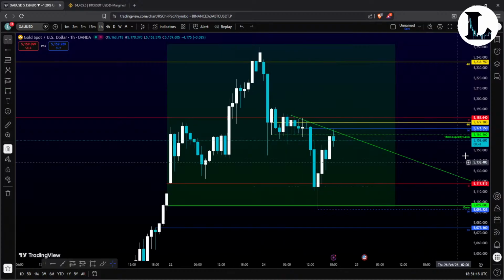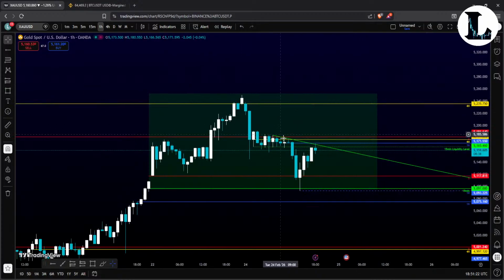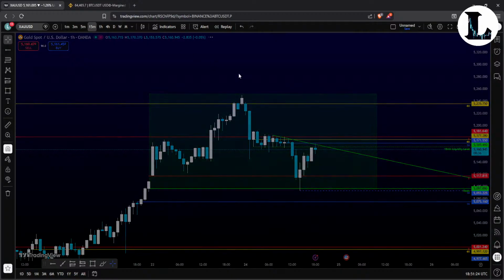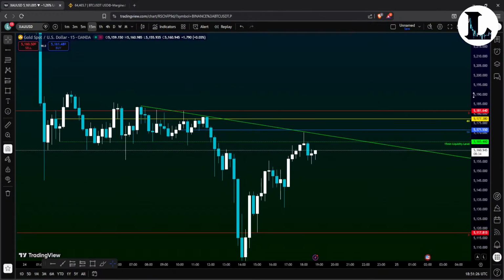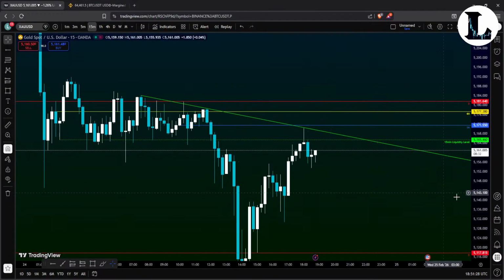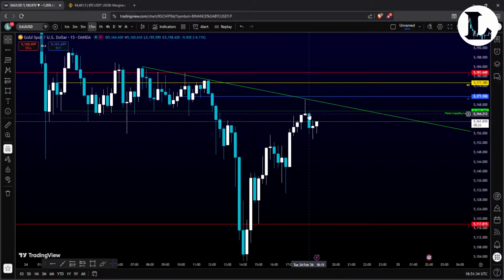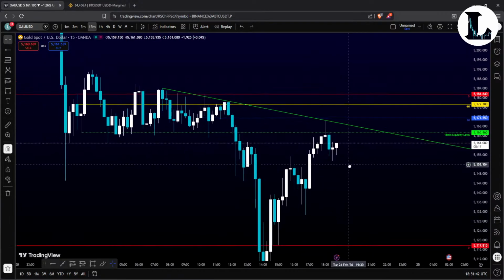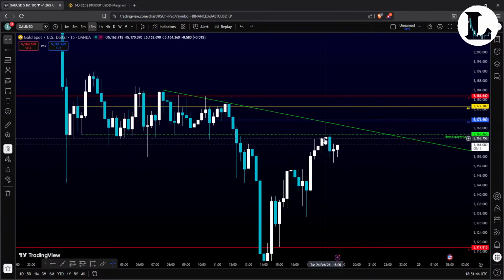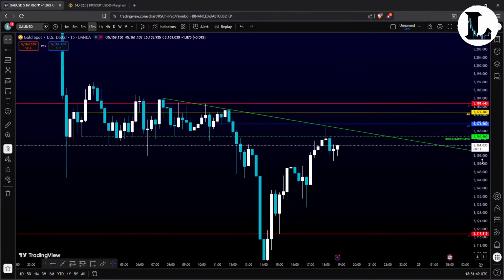and honestly, on a 15, if we fail to go, oh, let me delete this, sorry. On this 15, if we fail to go above this bull candle, okay, we are kind of failing to create a 15-minute support here, and maybe we can create a big resistance.